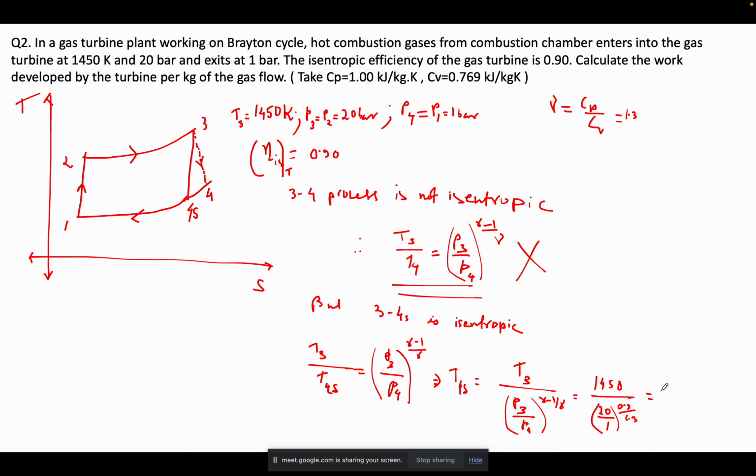So this is your 726.32 Kelvin. Fine, so we have got T4s.